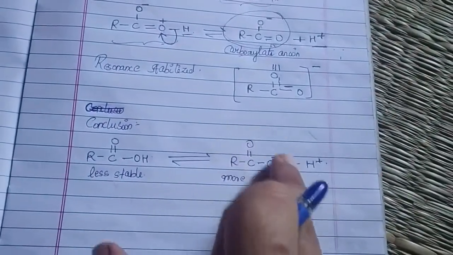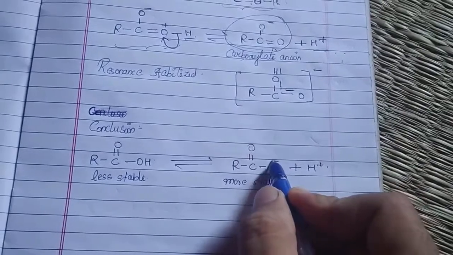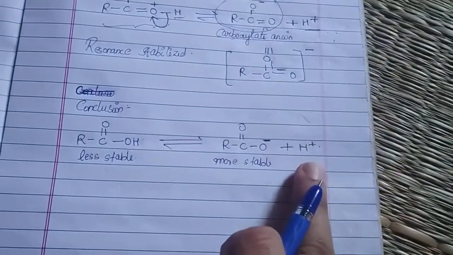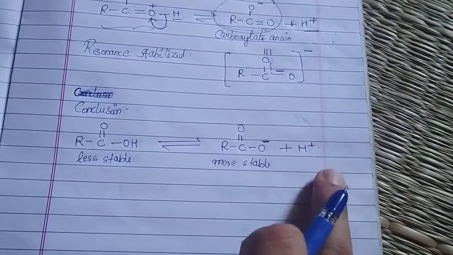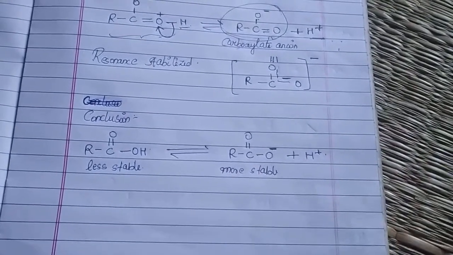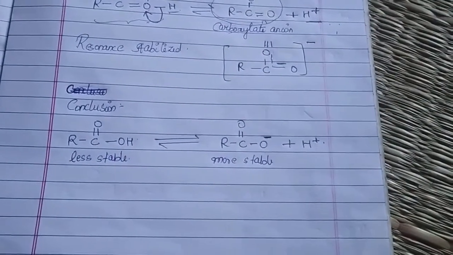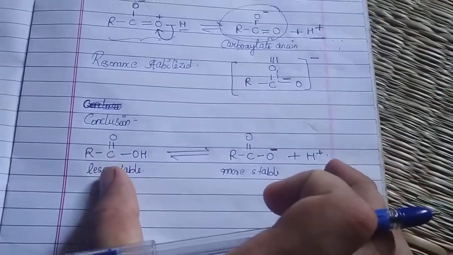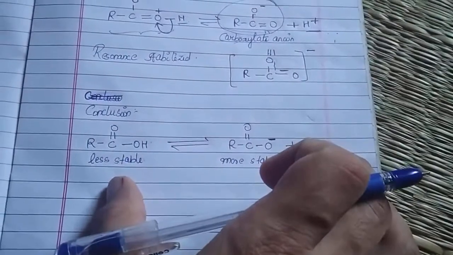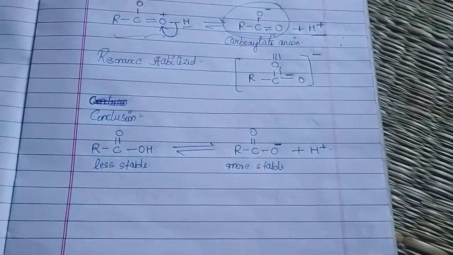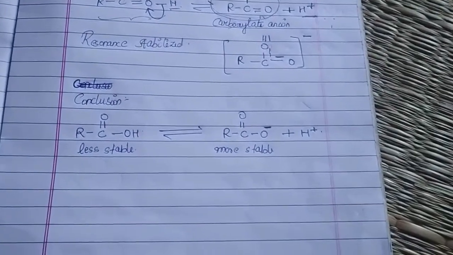And during such a rearrangement, if it has to form a carboxylate anion, what does it have to do? It has to release a proton. Since it is releasing a proton, we can easily say that carboxylic group is an acidic group. Is that clear? So I think this will be a major important reaction which can easily explain the acidic nature of our carboxylic group. Okay.